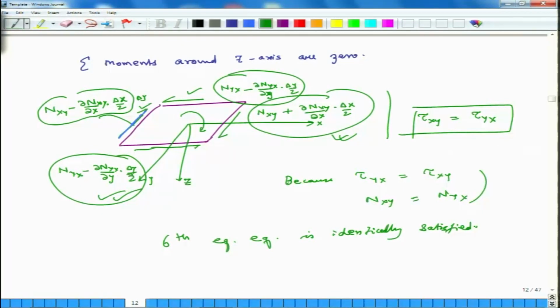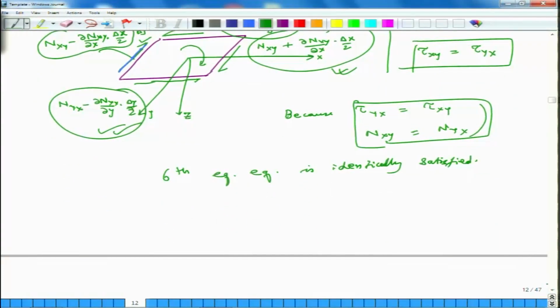We do not have to create a sixth equilibrium equation, it gets identically satisfied because of the equivalence of tau yx equals tau xy, and because if that is true, then Nxy will be the same as Nyx. Okay. So effectively we have only 5 equilibrium equations, 3 for force and 2 for moment.